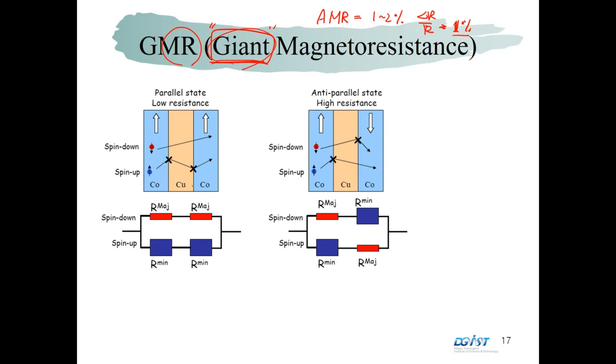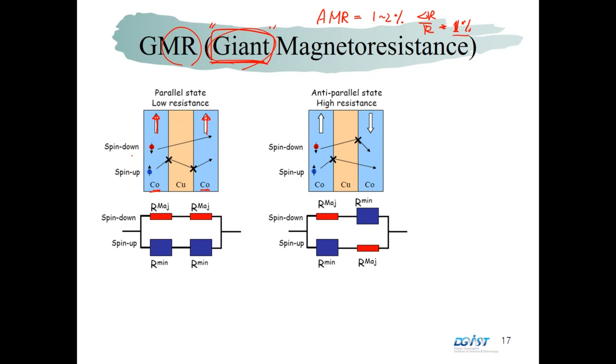So simply, let's think about this simple layer structure. We have two cobalt layers sandwiched by copper. Copper is a typical non-magnetic material, but the conduction is very nice. So when we think about the parallel configuration, the magnetization directions of the two ferromagnetic layers are parallel.